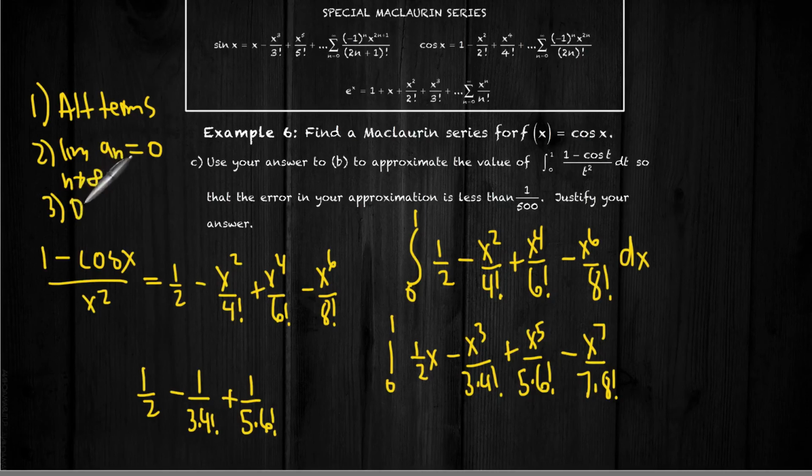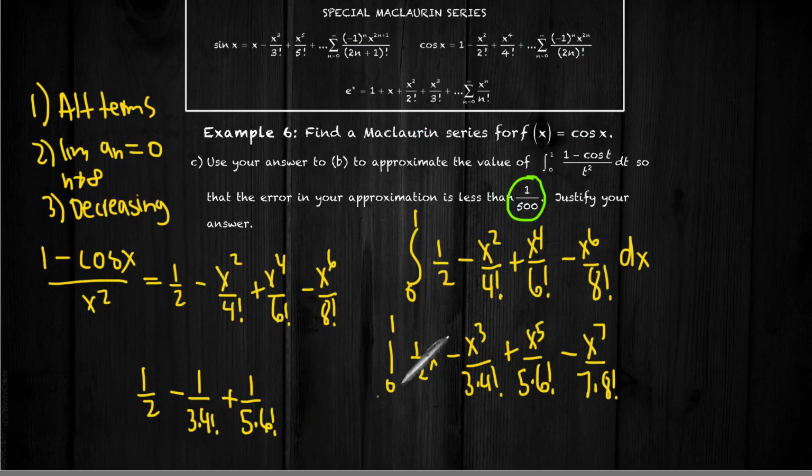And 3, it's a decreasing function. So therefore, we can use the alternating series remainder to approximate this series. So now we can say we want it to be less than 1 over 500. So that means we need to find the first term that is less than 1 over 500, and that is our neglected term, and then sum up the other terms before that.